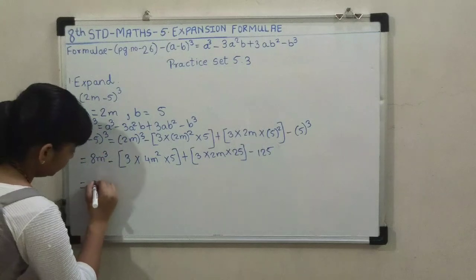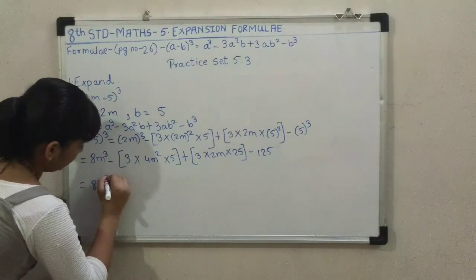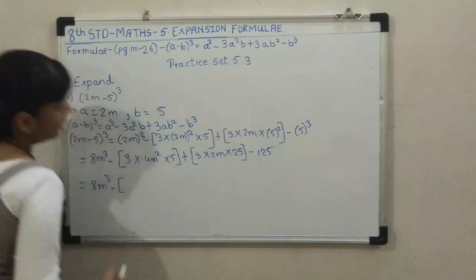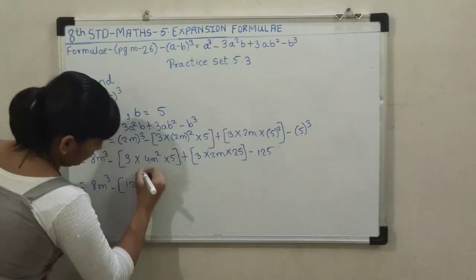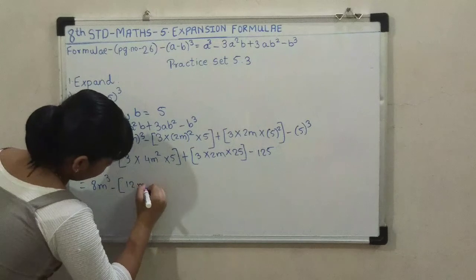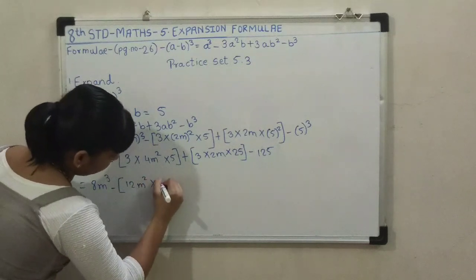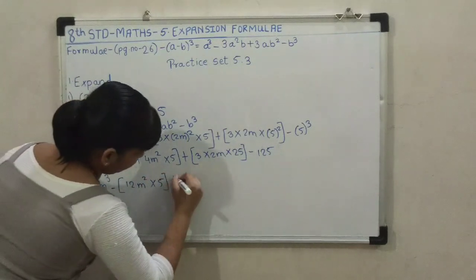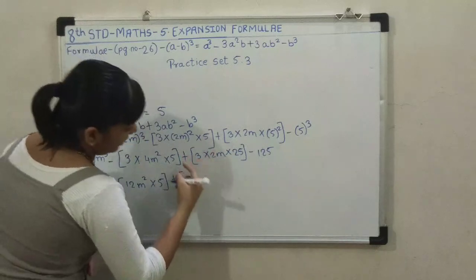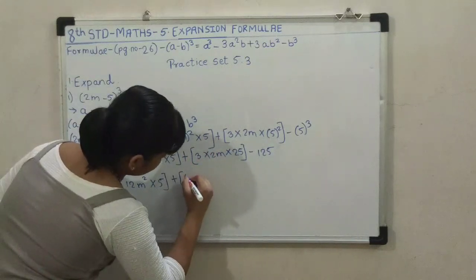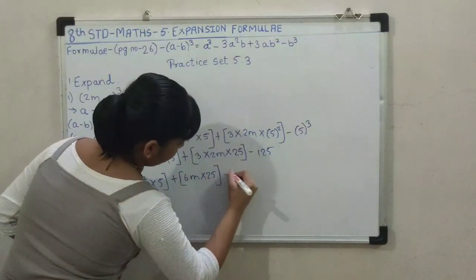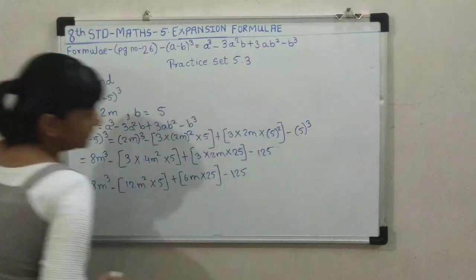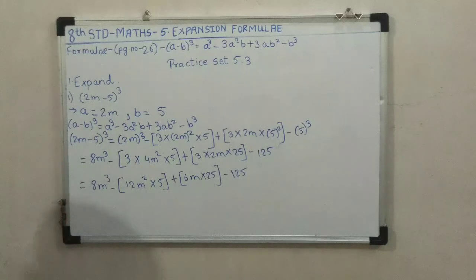That equals 8m³ minus 12m² into 5, plus 6m into 25, minus 125.